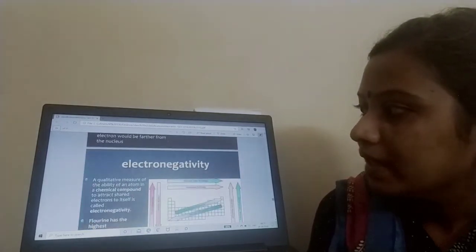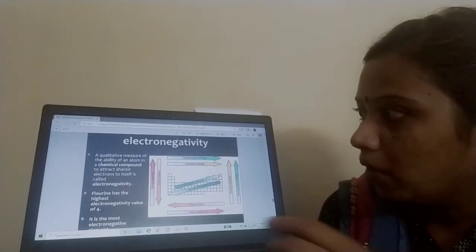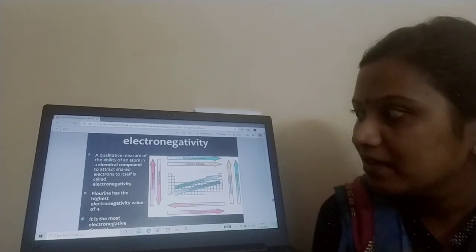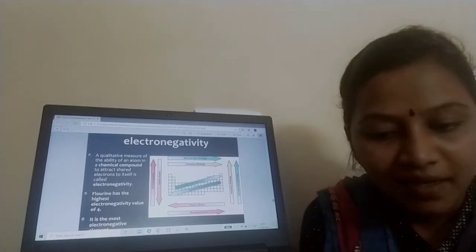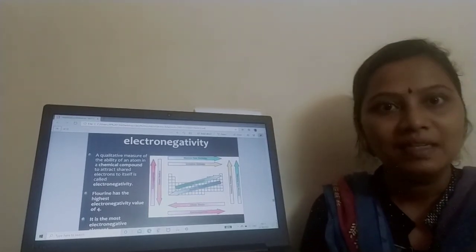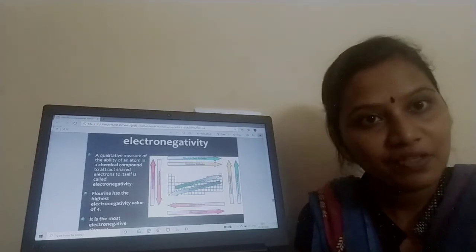And what is electronegativity? Ability of an atom in a compound to attract the shared pair of electrons towards itself is called electronegativity. For remembrance, I can say electronegative elements are very, very selfish. Why?